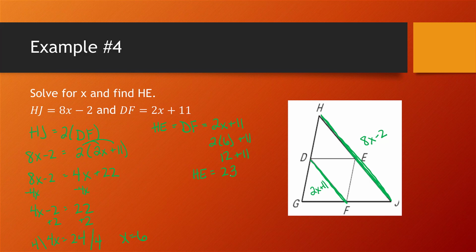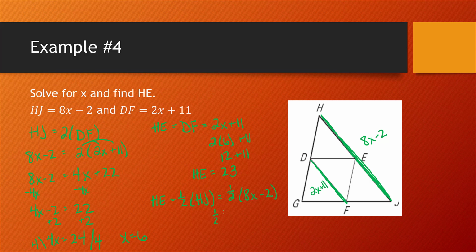That's one method. The other thing you could have said, well, HE is half of HJ. So HE equals half of HJ. So algebraically, this would be 1/2 times 8x minus 2, and then plug in your x value.